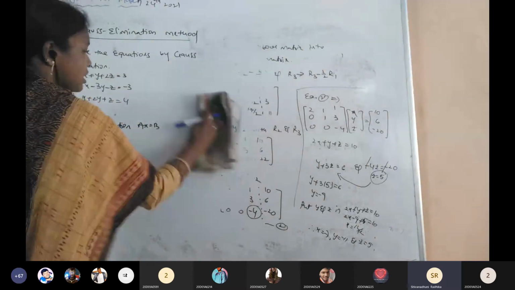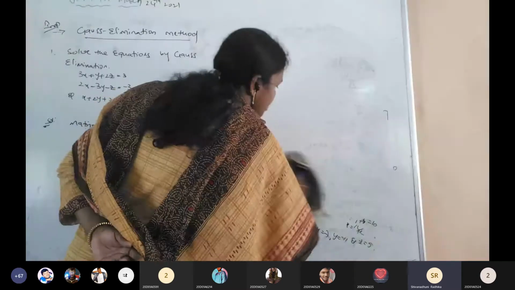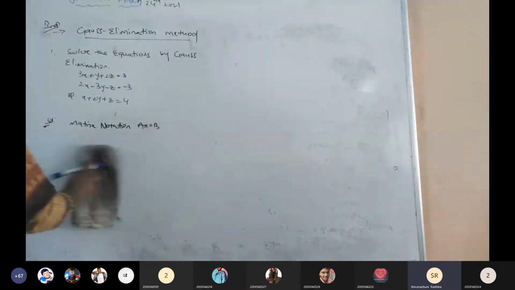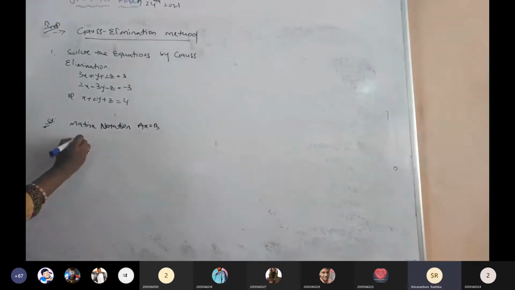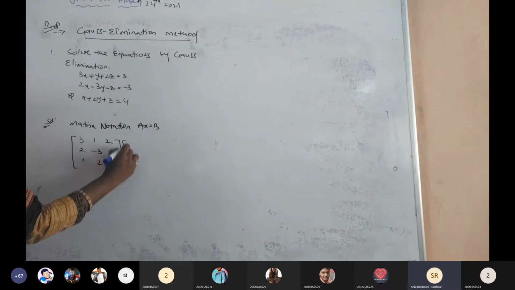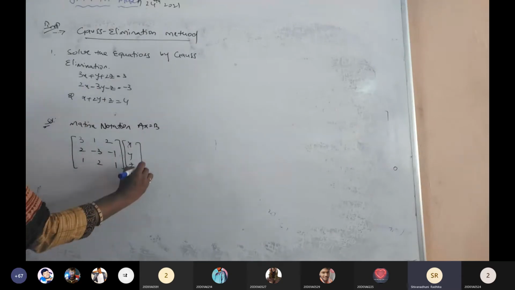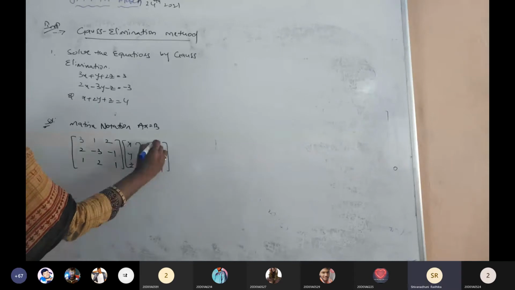Now this problem, say here. Here we have the linear system of equations is there. Now first of all, write the matrix notation. What is the matrix notation of the linear system of equation? Ax equals to b. Right? So that is 3, 1, 2, 2 minus 3 minus 1, 1, 2, 1. Clear? Into x variables are what here? X, y, z. So that is equals to 3 minus 3, 4. Completed.